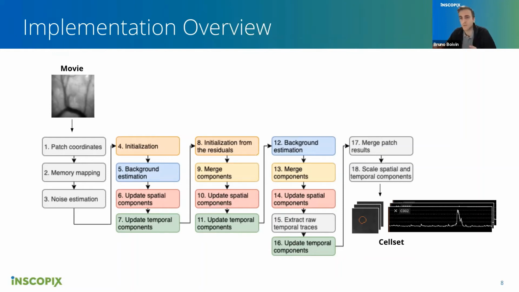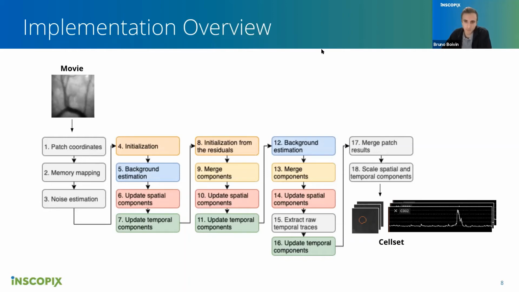This is our way of optimizing how we divide the work for CNMFE and how we recombine the results at the end. I'll come back to this idea of division of labor in a second. But that's essentially the overview of the algorithm.